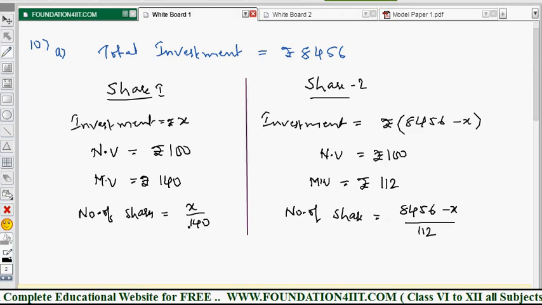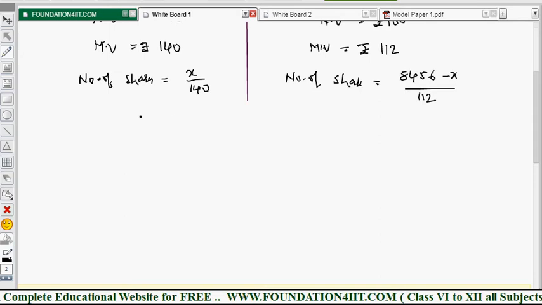Now the dividend is different in these two cases. Here the dividend is 17%, and in this case it is 9%. So the income from one share is rupees 17, because 17% of 100 is 17.